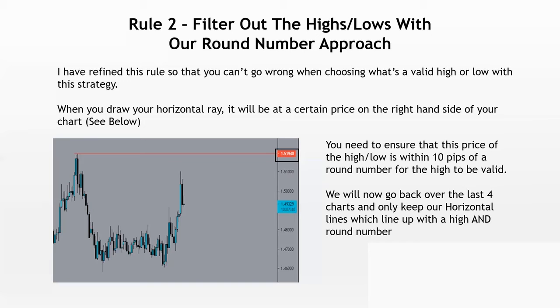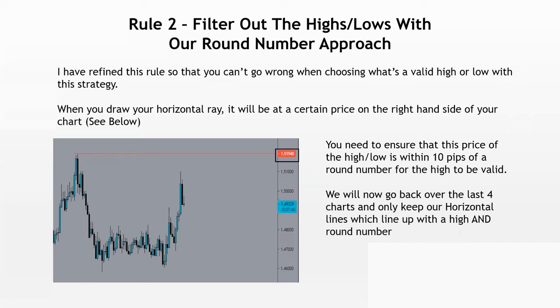For example, this here is at 1.5194. Add 6 pips to that, you have 1.52, which is a round number. Because this is within 10 pips of a round number, you are going to keep this line on your chart.